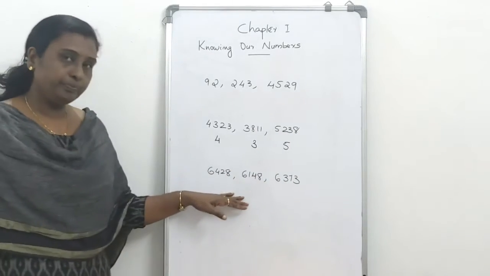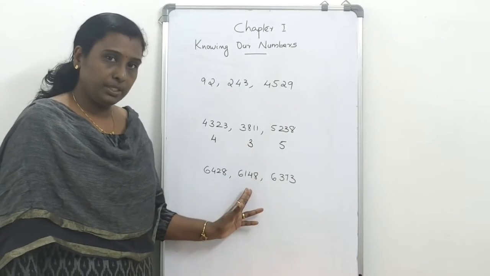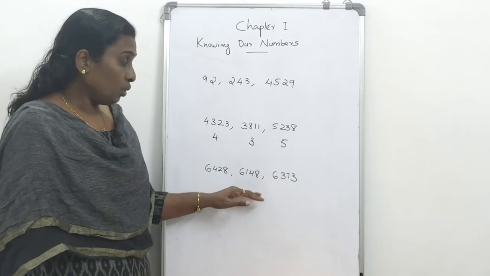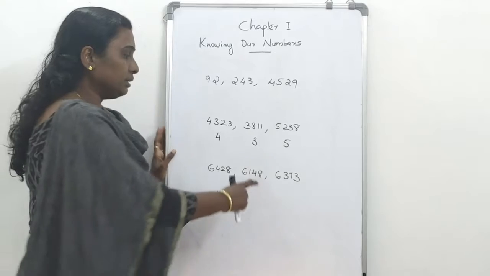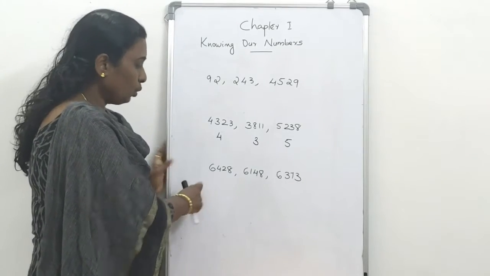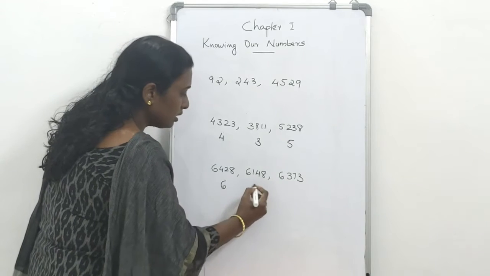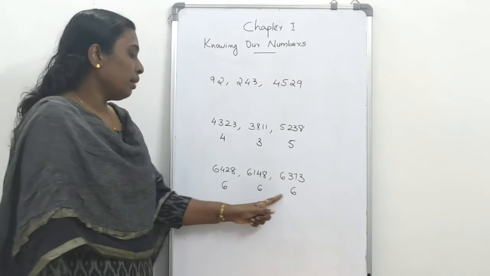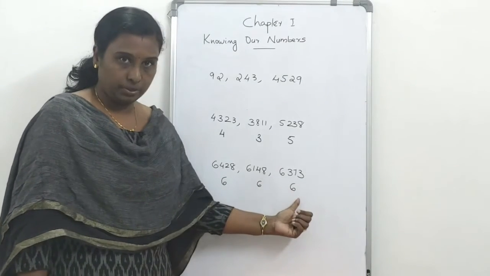Consider this example. All these numbers also have the same number of digits. All these numbers are in thousands. So let us compare these numbers by comparing the digits in thousands. Here the digit in the thousands place is 6, here it is 6, here also 6. That is, the digits in the thousands place are the same for all these numbers.